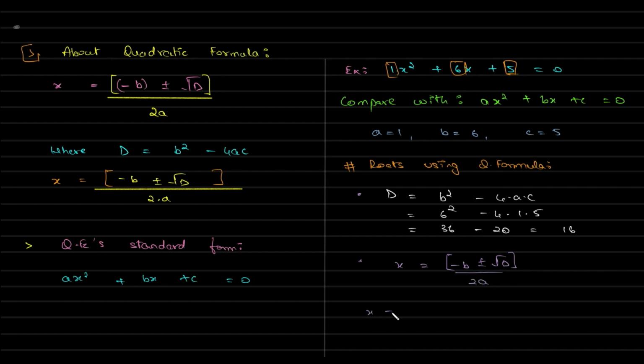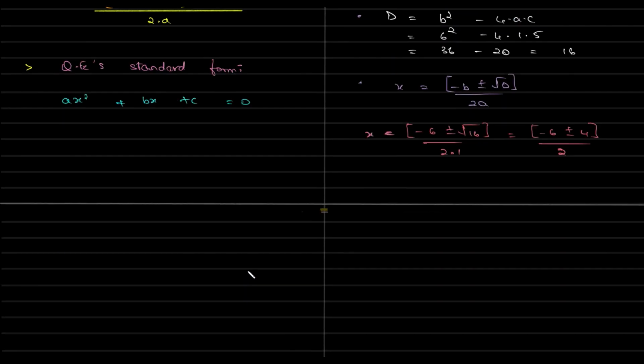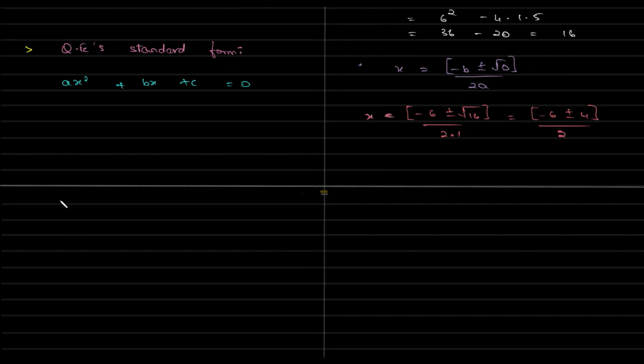So x is equal to minus b, which is minus 6, plus or minus square root of 16, entire thing divided by 2 into 1. So minus 6 plus or minus 4 divided by 2 into 1, which is 2. So now we have alpha, which is equal to minus 6 plus 4 divided by 2.